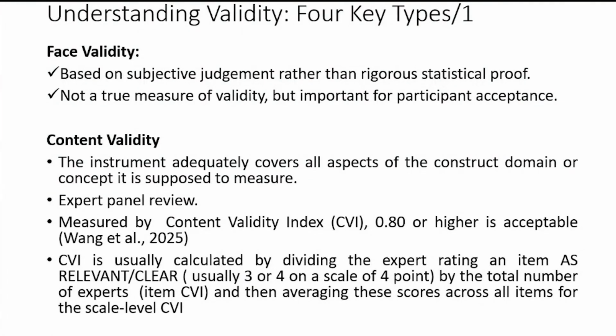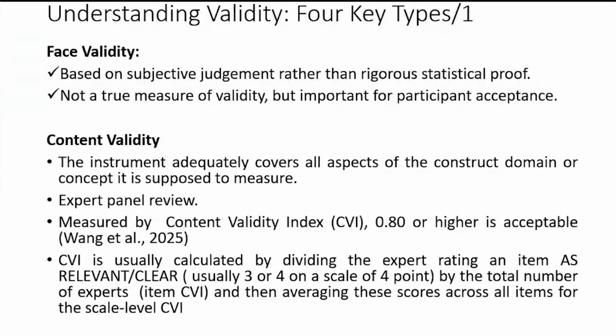You divide this expert rating of those items by the total number of experts. So that rating, when you sum it, you divide it by the total number of experts. Then after you have done that, you average these scores. So for each of the content validity indices, you now average it.